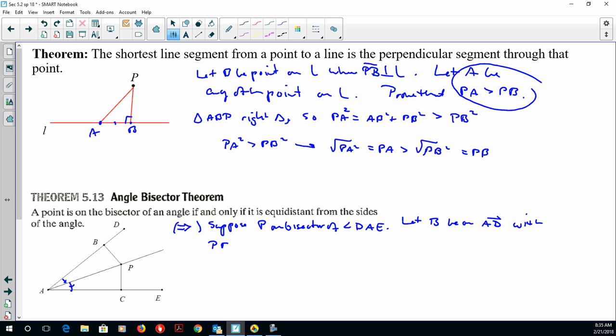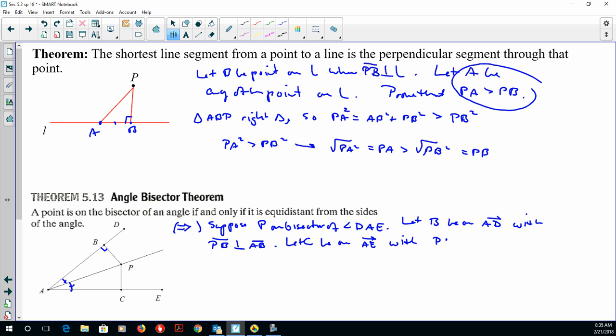Okay, so I'm going to let this be a perpendicular. So this distance from B to P is the distance from P to this side of the angle. Let C be on ray AE. It'll be the point on AE where PC is perpendicular to AC. Okay.